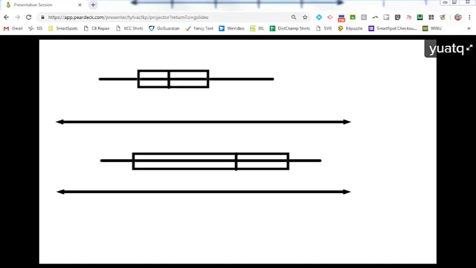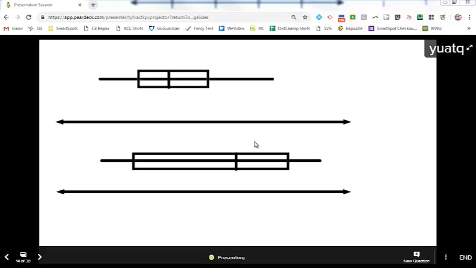Median, maybe? Okay, so the second one has a greater median than the first one, because it's at a higher point. But what could you say about the minimum value? It's the same. What would you say about the maximum value?